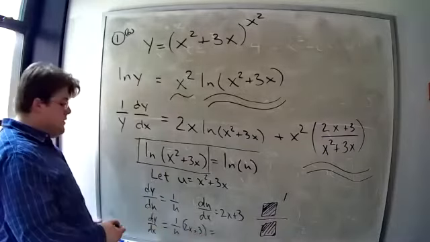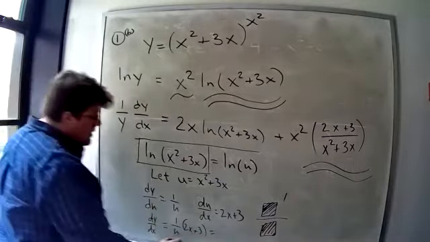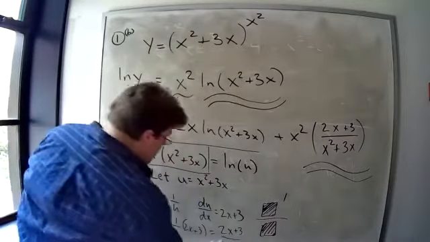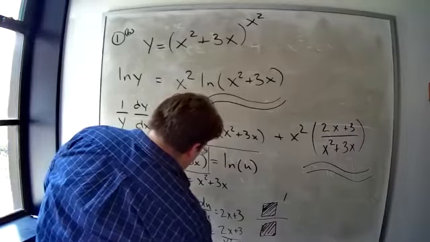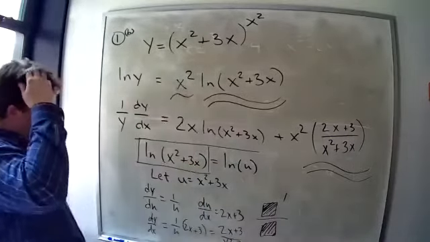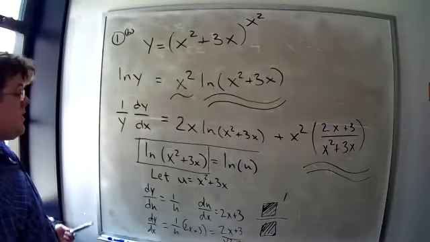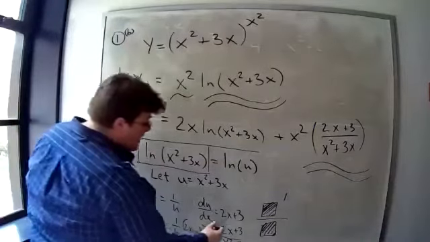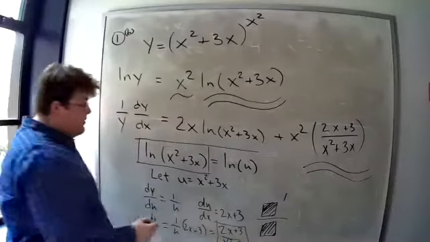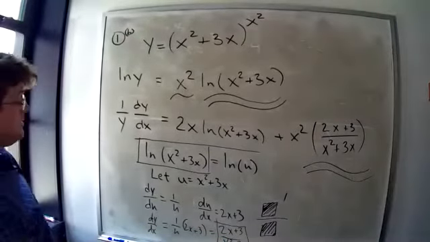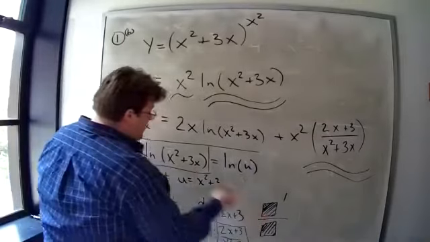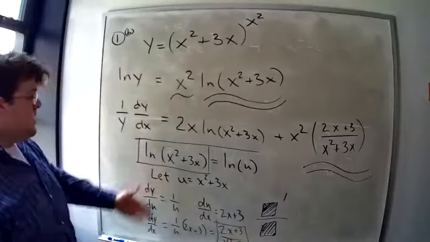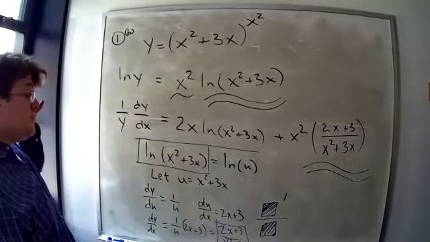But then you can write that as just one fraction by combining them. So you get 2x plus 3 over u, which is x squared plus 3x. And in general, the derivative of a logarithm of something will take a form like that, where in the numerator you have the derivative of that something, and in the denominator you just have that something, from this same type of substitution.